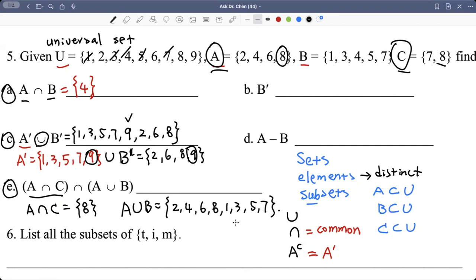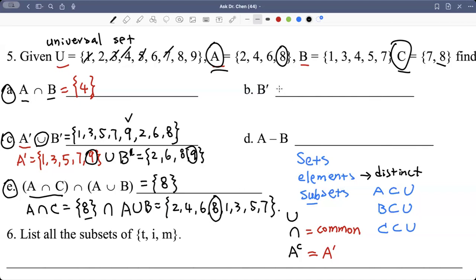Right, that's A union B. Now we want to take the intersection of those two sets. Well, that's easy, right? A intersect C has only one element, 8. So 8 is indeed in A union B. So the intersection of those two is just number 8.